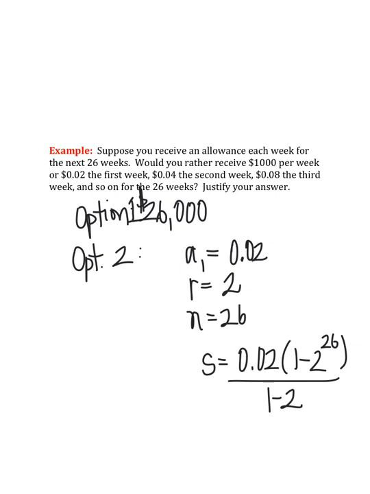The power of exponential growth. Over those weeks, my allowance, I would haul in over $1 million. So that 26,000 is looking pretty ridiculous right now, and I am definitely going with option two.